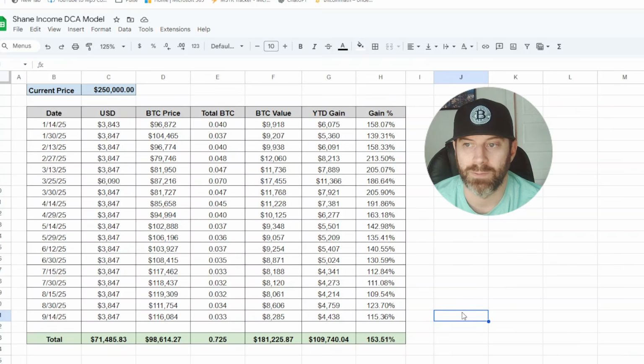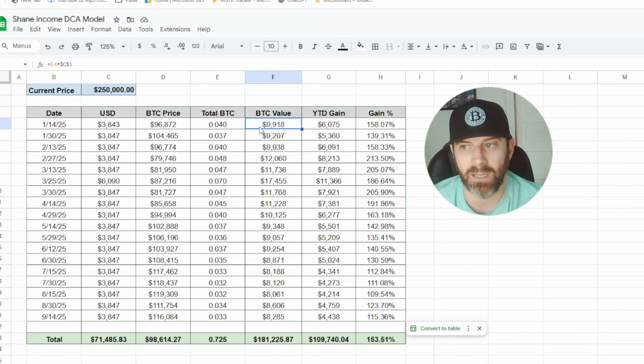Well, this represents that. We've changed the input price of Bitcoin to 250K. I bought the exact same amount, but now it's worth a whole lot different amount of money, right? And so my year-to-date gain in 2025 is going to change as the value of Bitcoin goes up over time and I continue to not sell.